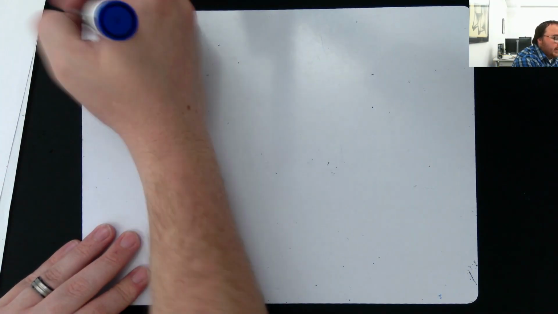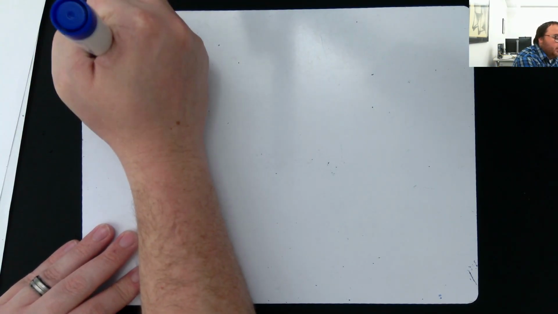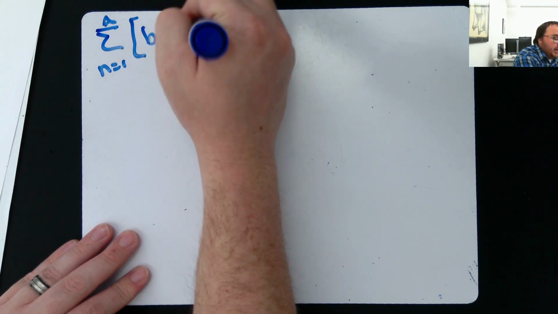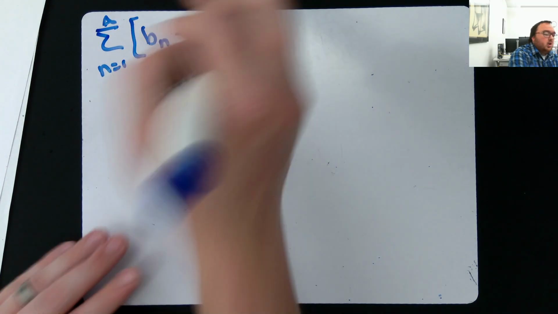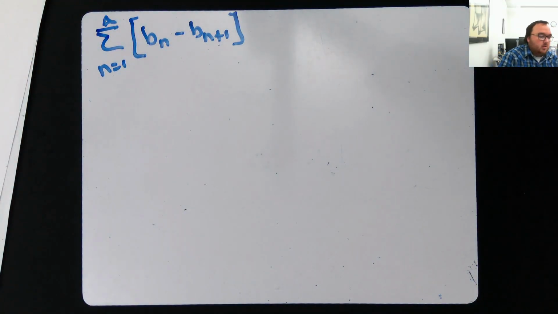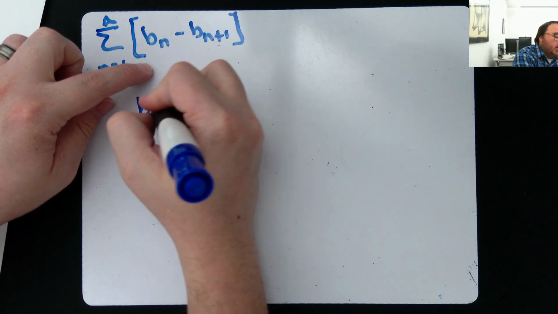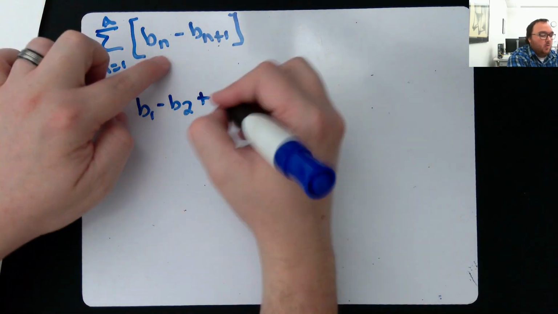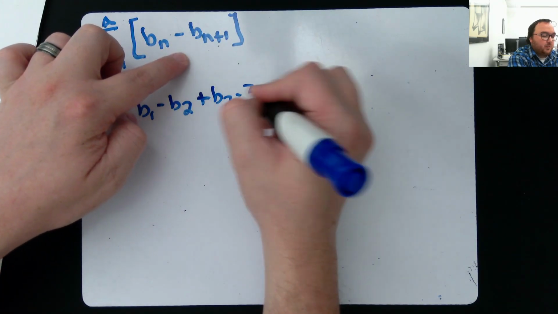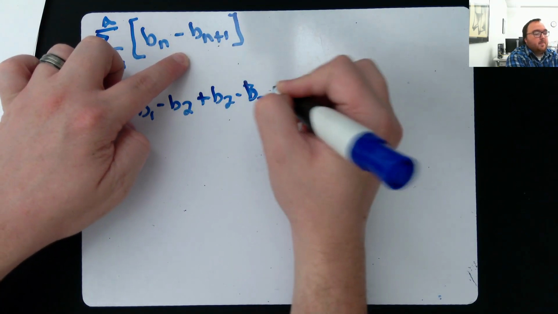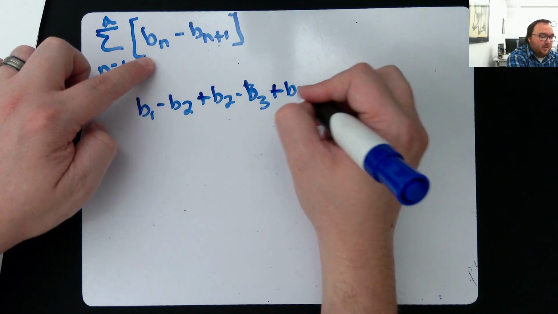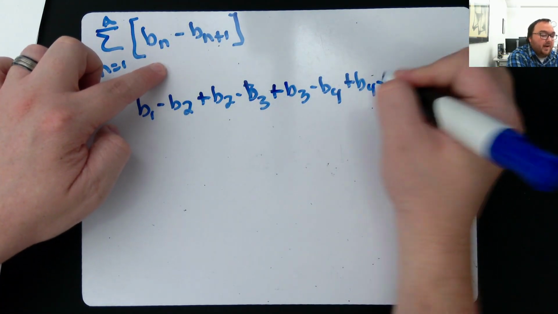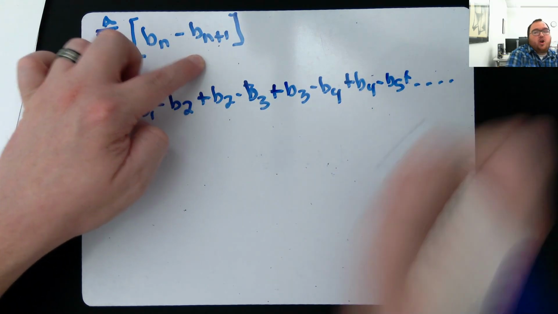So like if it was like what this example said, b_n minus b_(n+1). So my first term would be b1 minus b2 plus, then my next term would be b2 minus b3 plus, then my next term would be b3 minus b4 plus b4 minus b5, on and on and on.